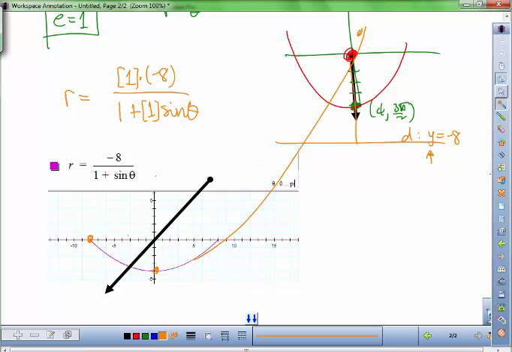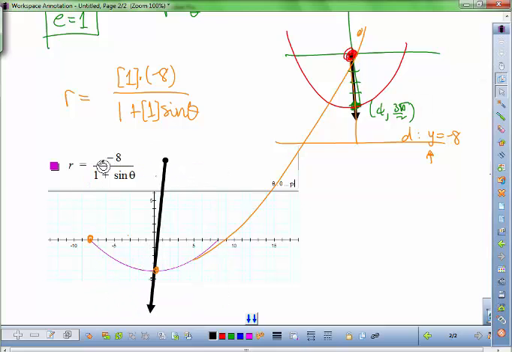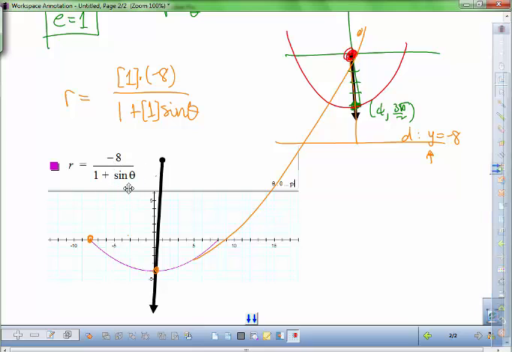And then if I go to 3 pi over 2, what's sine of 3 pi over 2? Negative 1. And what's this expression going to be? It'll be 0 in the denominator, right? And so there's nothing up here. So this parabola breaks off, and then there's nothing over there. It draws it over here, and it goes off to infinity up there, and then it snaps off.